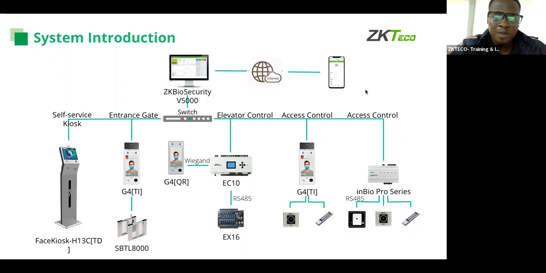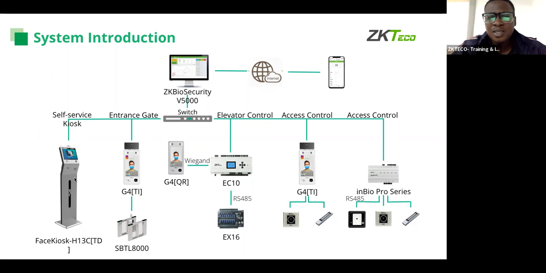So the EC10 integrated with our elevator module, then the normal access control using our G4 and our locks, then using InBio with the QRs. So all these modules can be integrated with FaceKiosk. So you can think of scenarios where all this can be applicable, not just for visitor management, but for other scenarios.